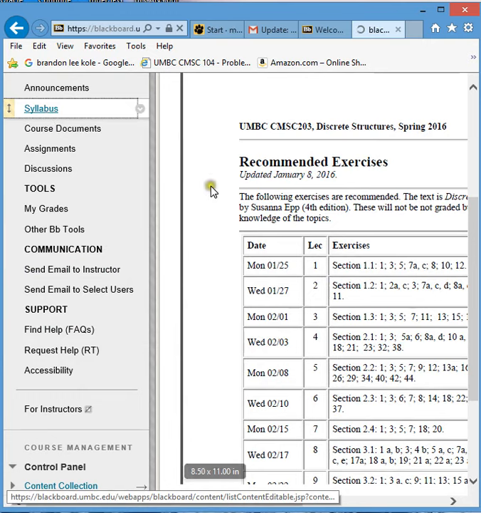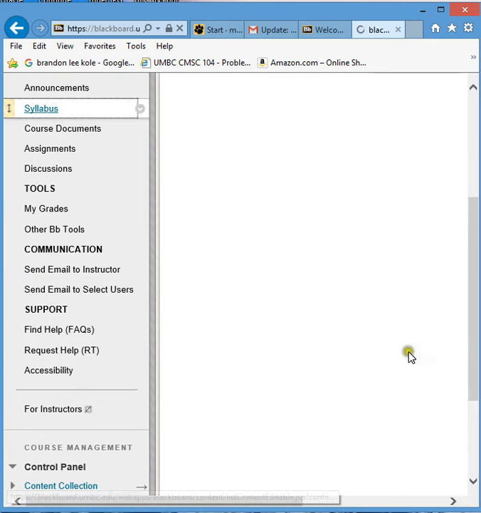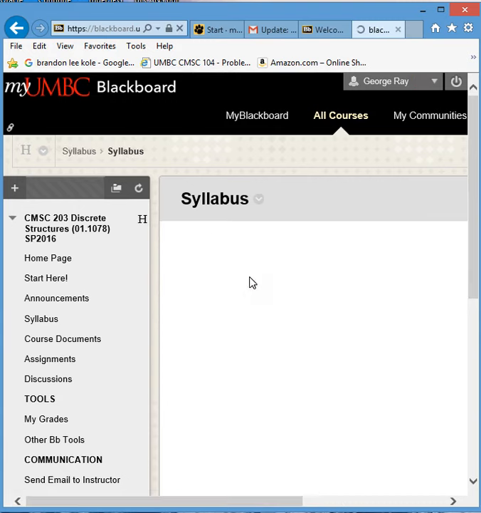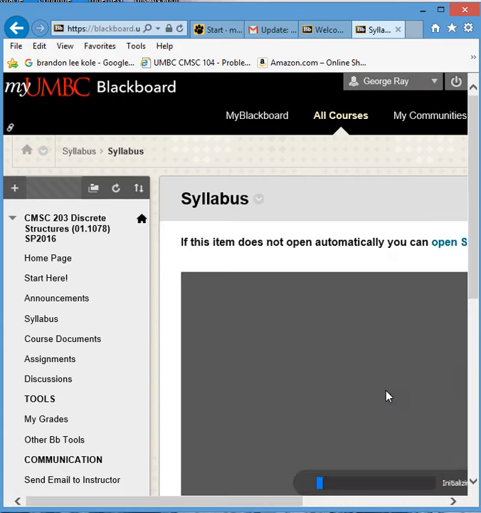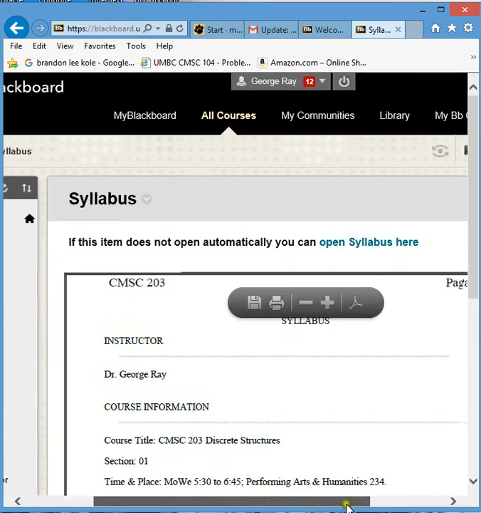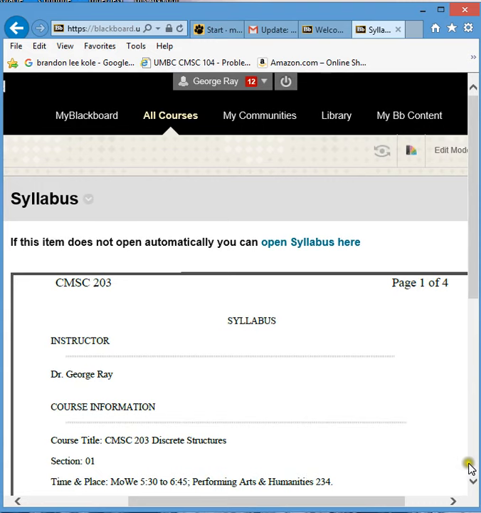In terms of course grade, in the syllabus you can refer back to this. But we're going to have 6 homeworks and 3 exams.